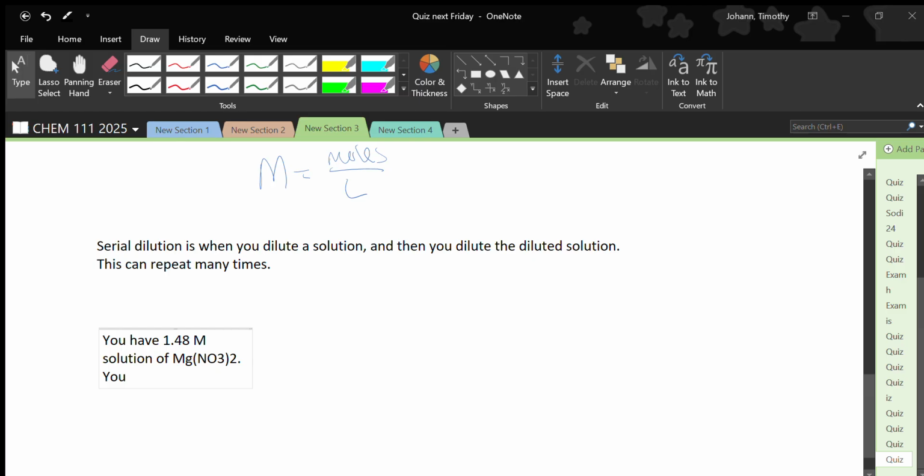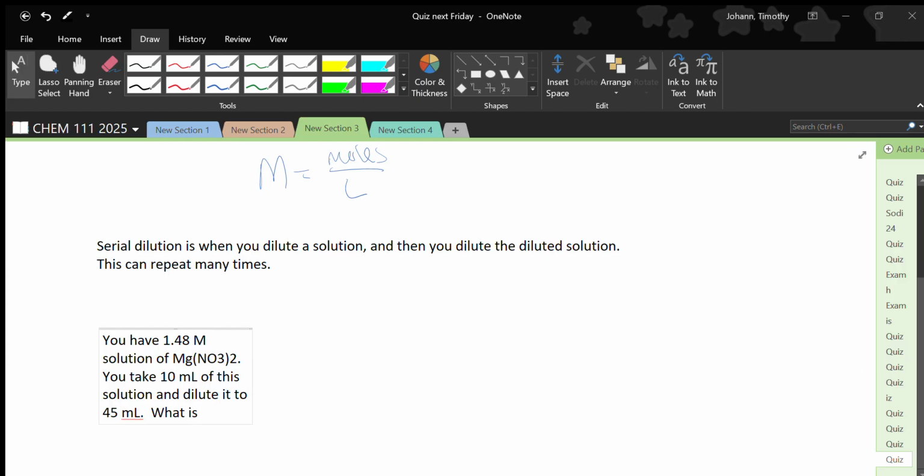Let's say you take 10 milliliters of this solution and dilute it to, let's say, 45 milliliters. What's the concentration of the new solution in molarity?